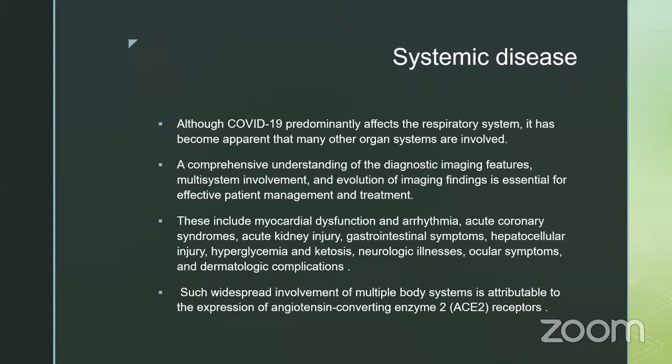These include myocardial dysfunction, arrhythmia, acute coronary syndromes, acute kidney injury, gastrointestinal symptoms, hepatocellular injury, hyperglycemia, ketosis, neurological illness like stroke, vasculitis, bleed, encephalitis, ocular symptoms, and dermatological complications, which can all be detected with imaging.